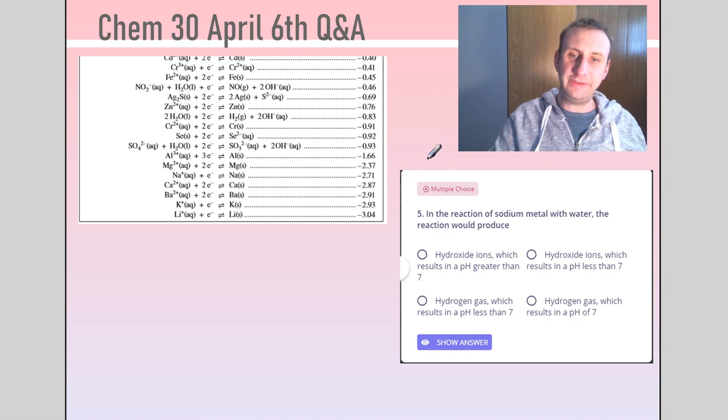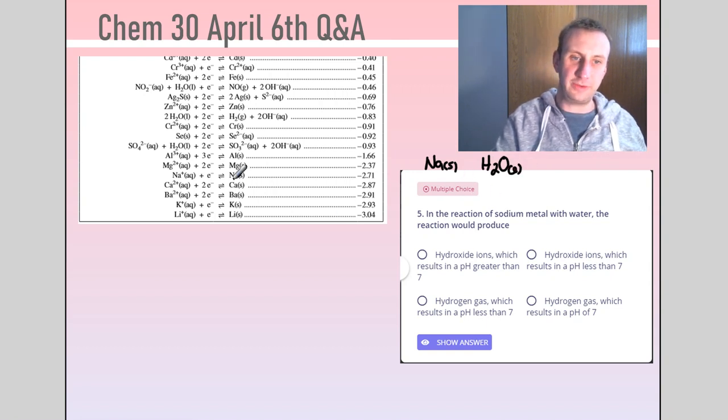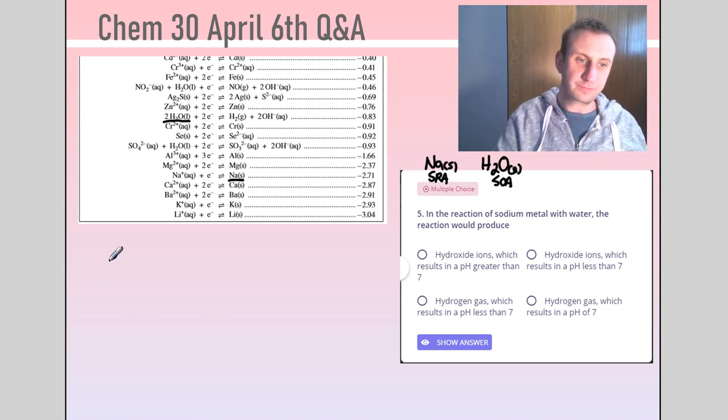So my major entities are sodium and water. That's all I've got. Na solid, H2O liquid, right? So if I take a look, here's my Na solid, which is definitely my SRA. And then I have H2O, which is right here, which is the strongest OA that I have and the only OA that I have.